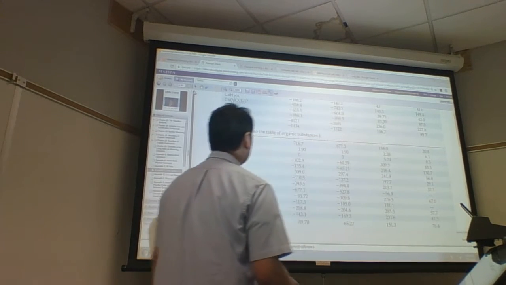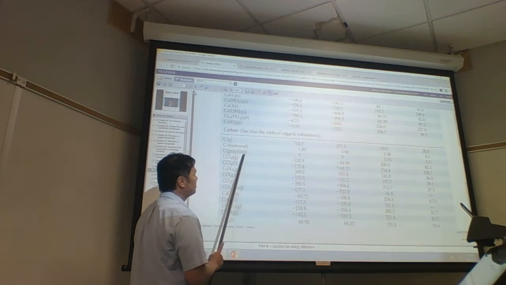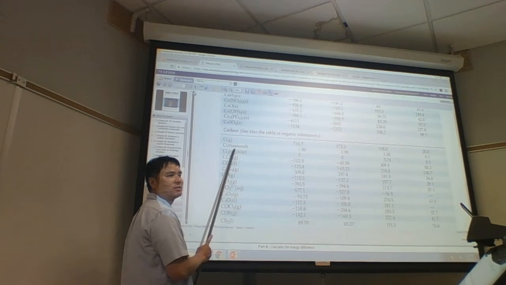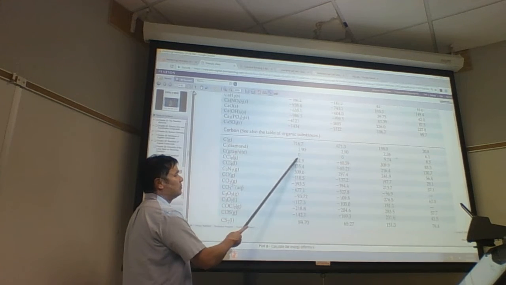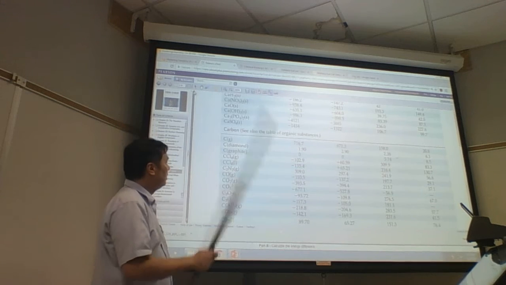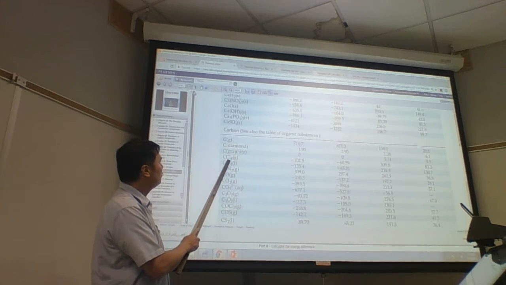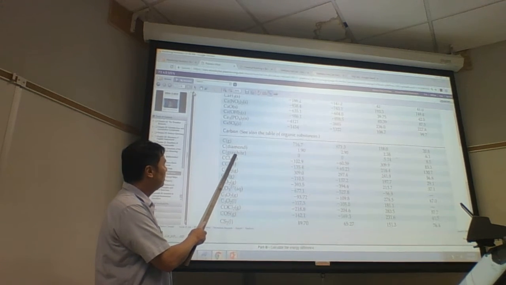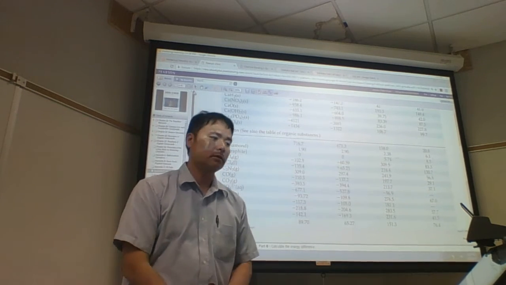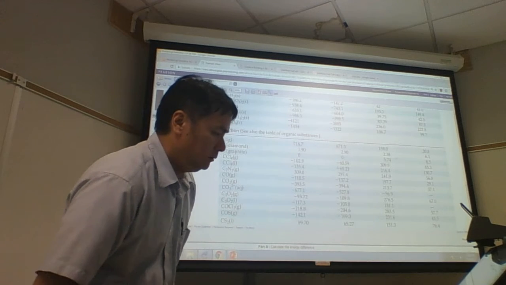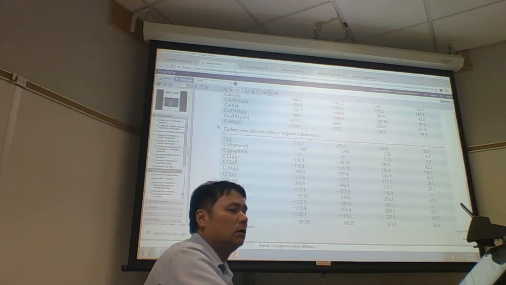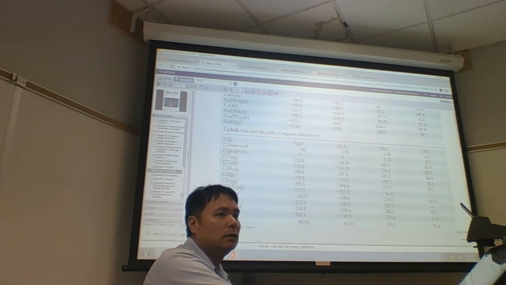But not only does it have to be solid, it has to be solid graphite, which turns out to be more stable. Graphite is the thermodynamically stable standard state of carbon. And so this is the formation of CCl4 from carbon graphite plus 2 Cl2 gas. That gives it to us. Okay, other questions?